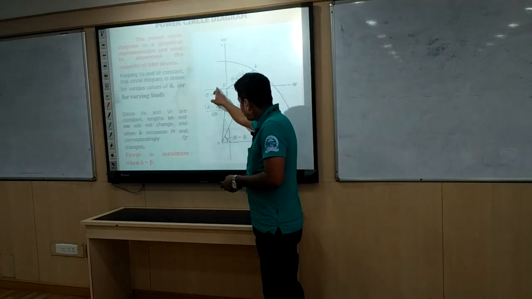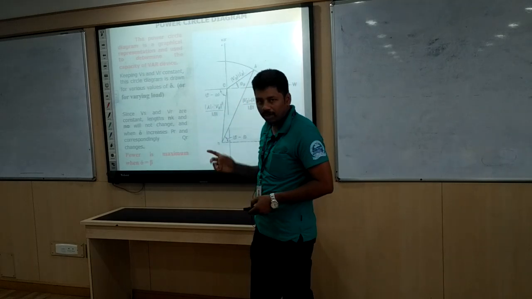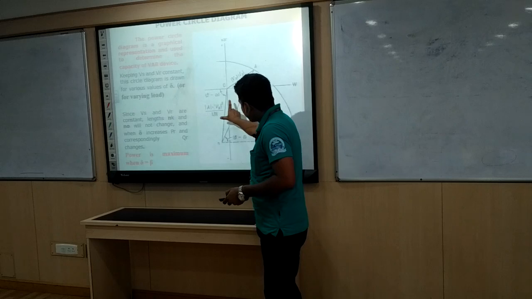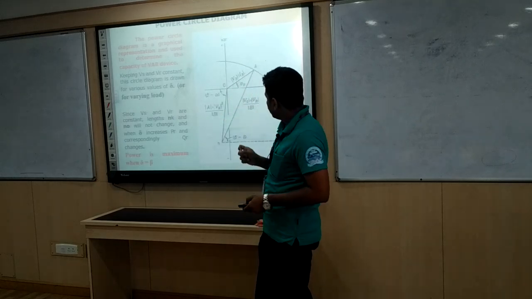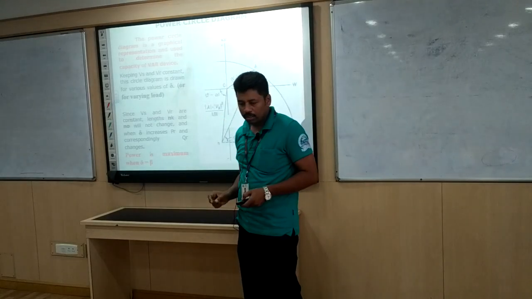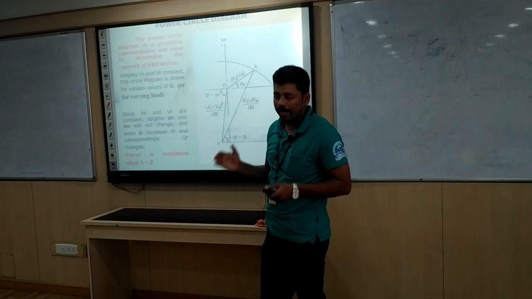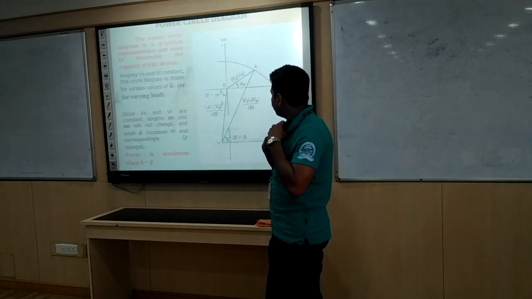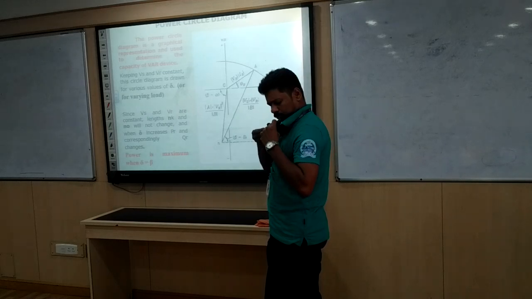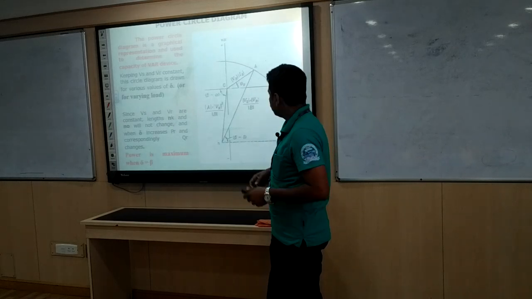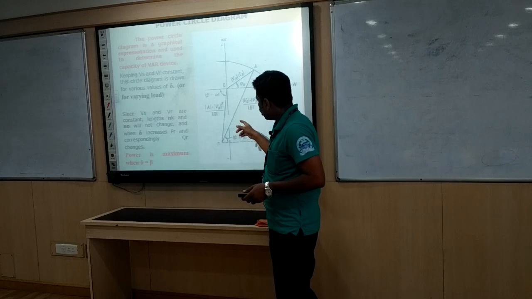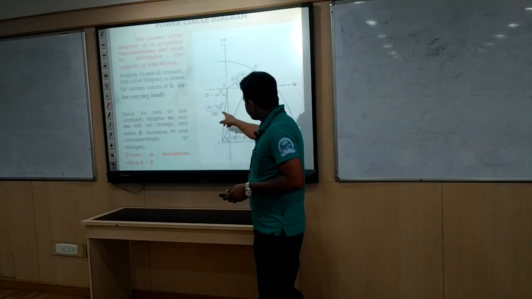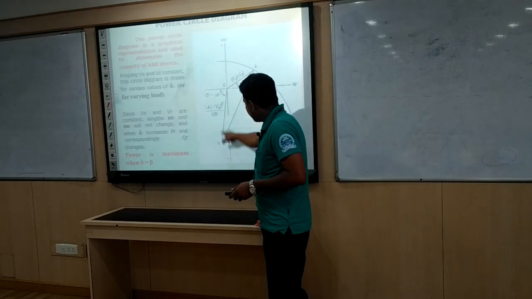Then from there, at an angle of beta minus alpha from the negative x-axis, draw one line of magnitude A Vr square by B. A Vr square by B will give you the magnitude, and beta minus alpha the angle, so that will give you the corresponding point. This is the line you have to identify.